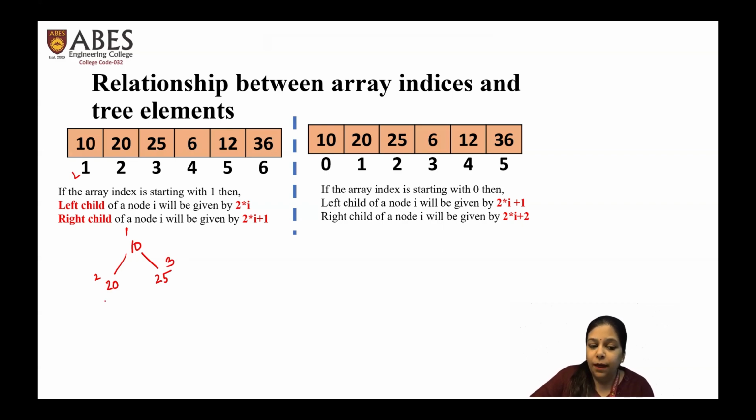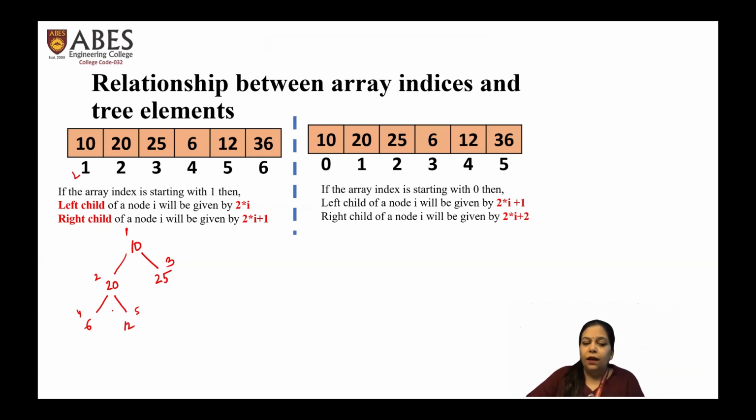Similarly, the left child of the node 20 having an index 2 will be 2 into I, that is 4. So the number stored at index 4 will become the left child of this node, and the number stored at index 2 into I plus 1, that is 2 into 2 plus 1, which is 5, will become the right child of this node.